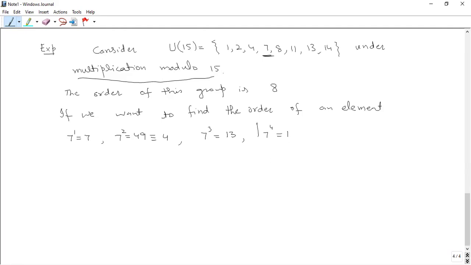Hence, 7 to the power 4 is equal to 1, and 1 is the multiplicative identity. So in this sequence, first time identity appears when we take the power of 7 equal to 4. So order of 7 is 4 in this particular group.